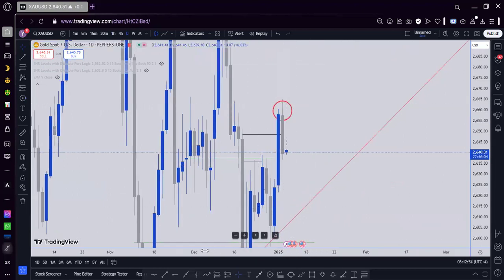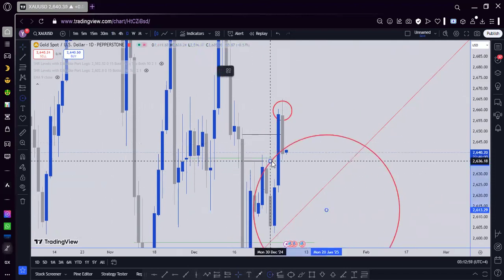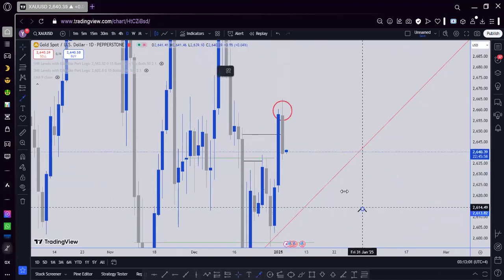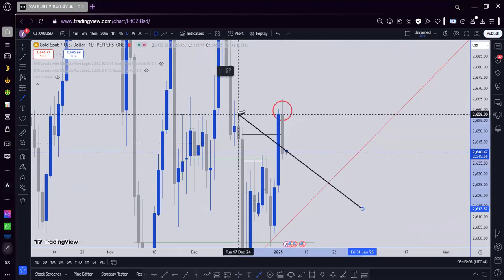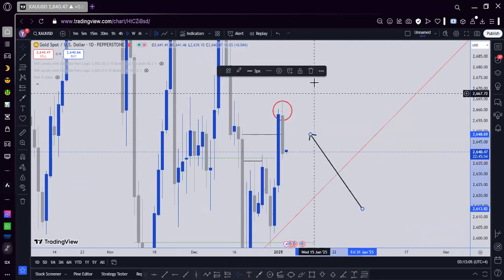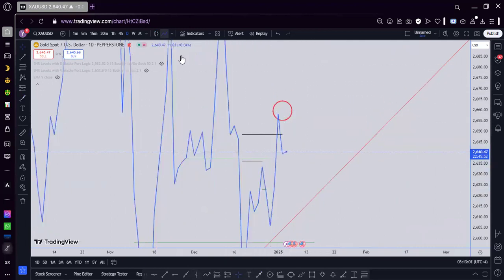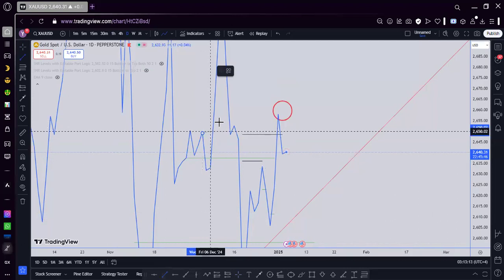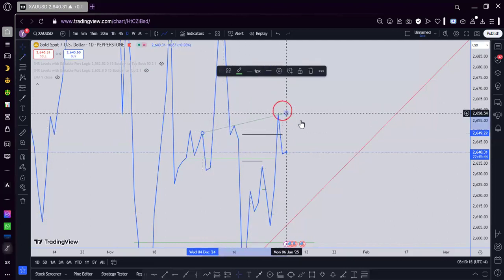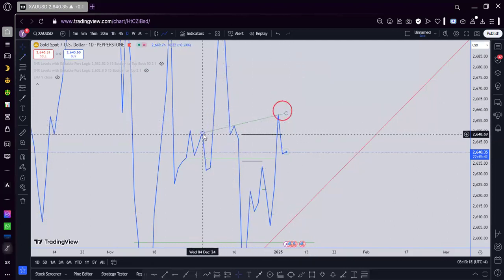But as you can see right here, there is no fresh daily level in this zone. But as we learned, a really key trend line appeared.